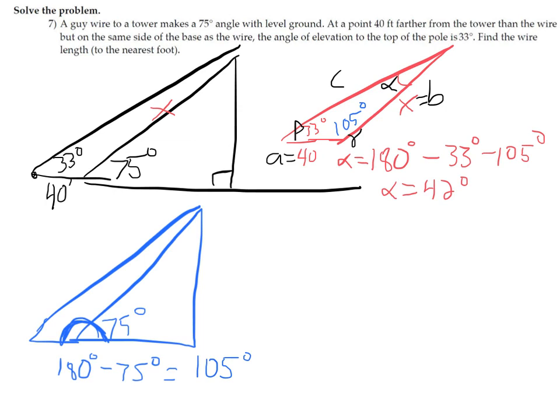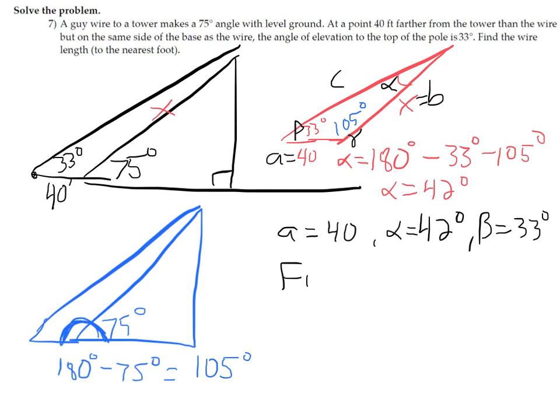Maybe you're not, but it's a good way to go. So we have, let's write this down like our last kind of problem. We have A equals 40. Alpha equals 42 degrees. And beta equals 33 degrees.